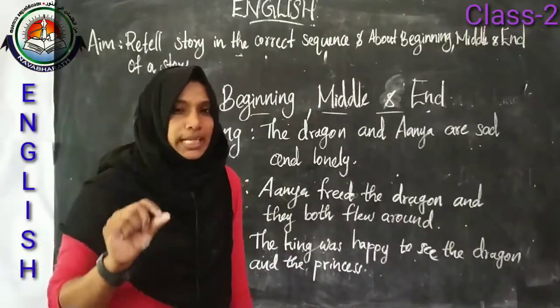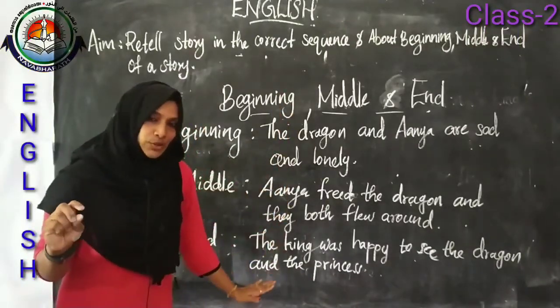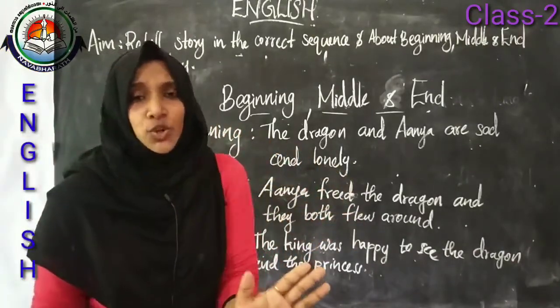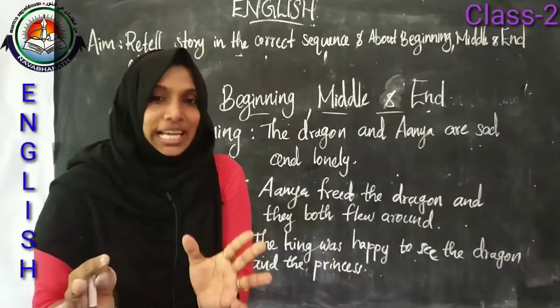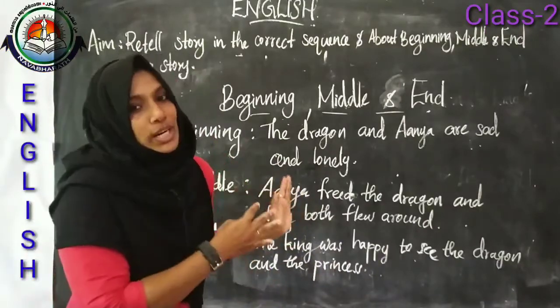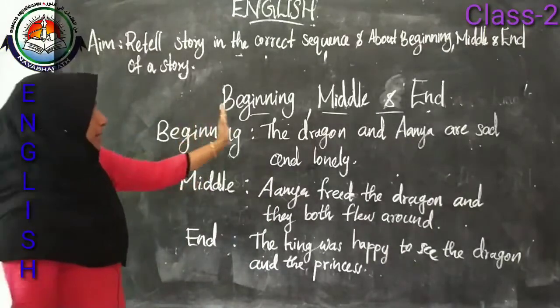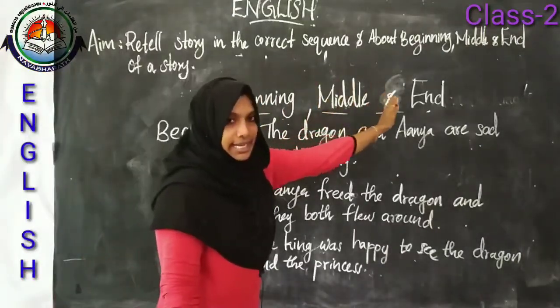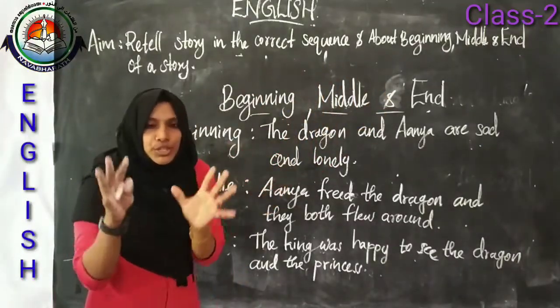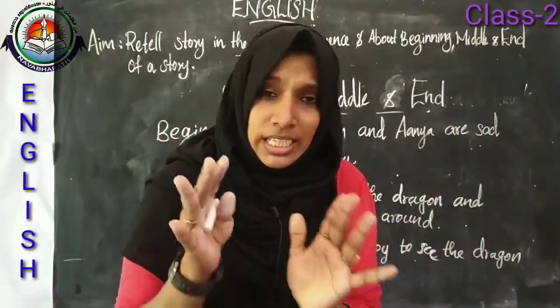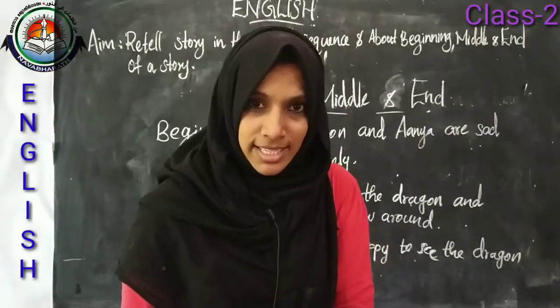And if we tell this story to someone who has not read it, they will have a good idea of what the story is about. So in these parts, we use the most important events that happen in this story.